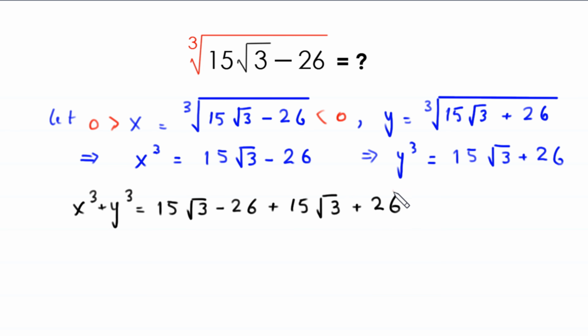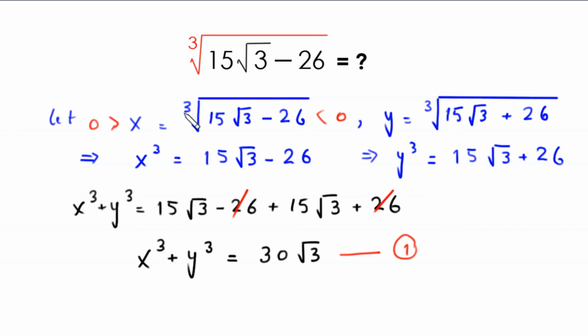And this 26 will cancel with this negative 26. The equation will become x cubed plus y cubed equals 15 times root 3 plus 15 times root 3, which will become 30 times root 3. Let's call this equation number 1.